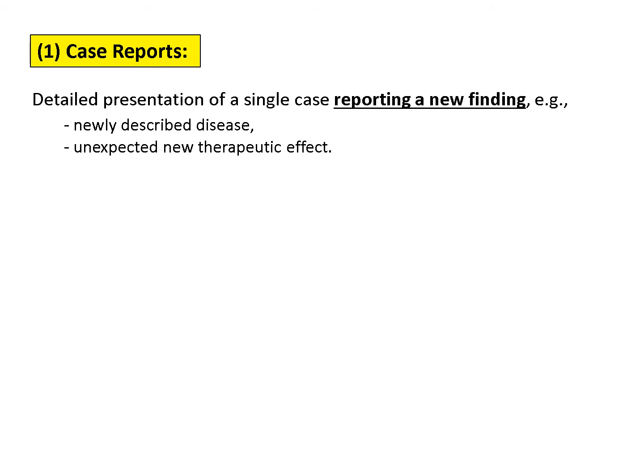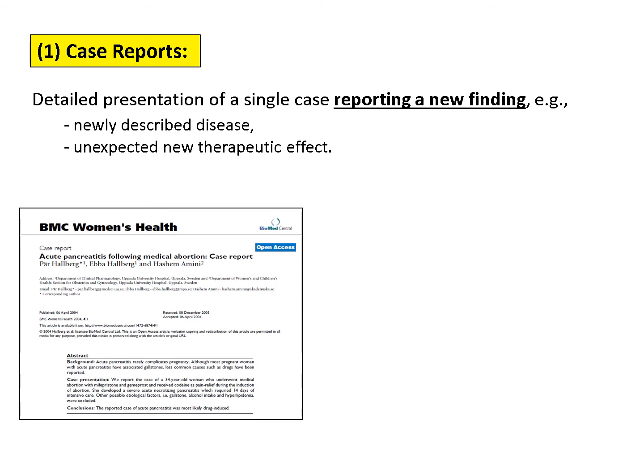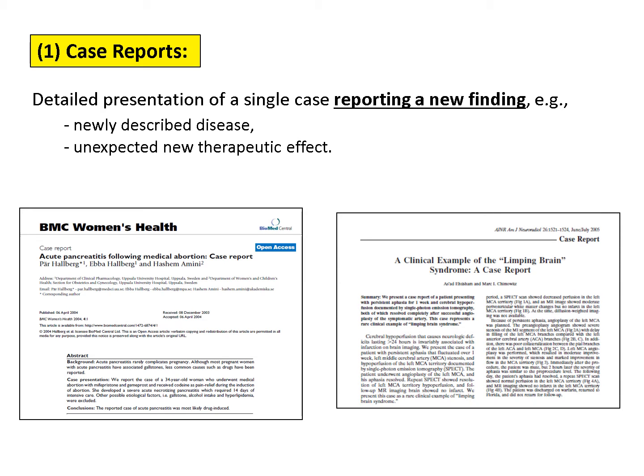First one is case report. Case report means detailed presentation of a single case. That's why it's called case report. So it is a report about one case, reporting a new finding. For example, a newly described disease or unexplained new therapeutic effect. And these are examples of the case report.